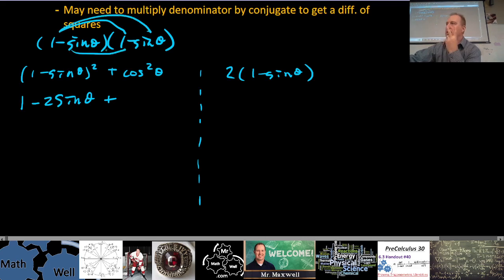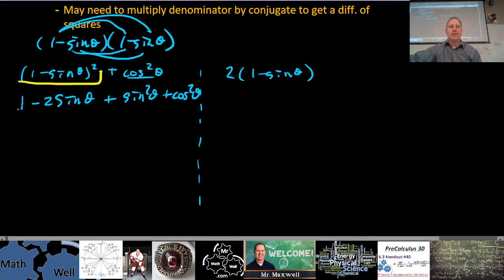There's 2 sine thetas that we're subtracting, so that's minus 2 sine theta. And then the final is a negative sine theta times a negative sine theta, which would be plus sine squared theta, right? And then we've got plus cos squared theta from before. So I'm just foiling out this part right here. So this right here is this right here when it's multiplied out, right? Does that look good? Yes?